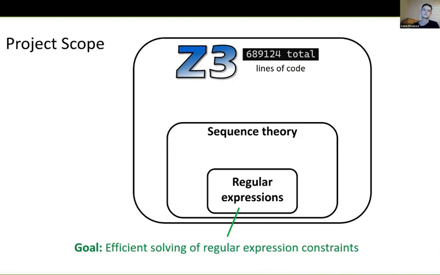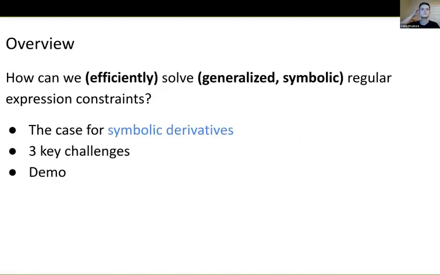So the goal of this work is efficient solving of regular expression constraints, and it's in this very small piece of Z3 that we're working. How can we efficiently solve generalized symbolic regular expression constraints? I haven't said what generalized and symbolic mean, but that's the motivating question.